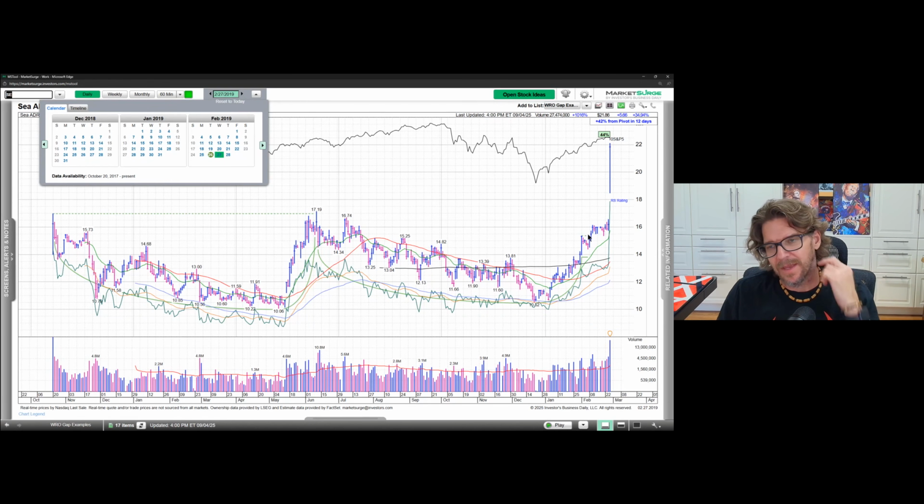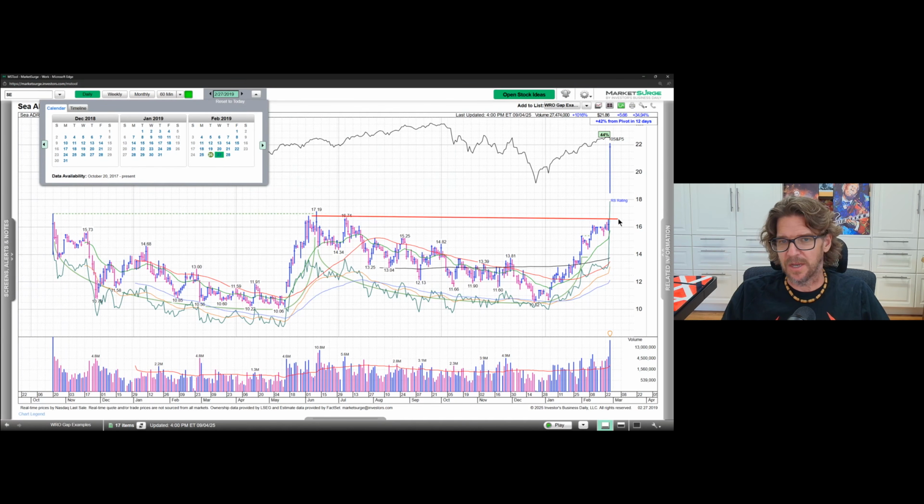You know, trading is an art. I look at this as a breakaway gap because you had your larger consolidation, or cup, that it was breaking out of. And you've got this massive gap up. Look, it closed up 35% on that day.